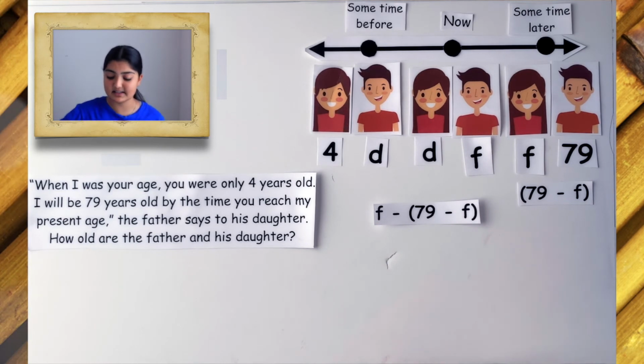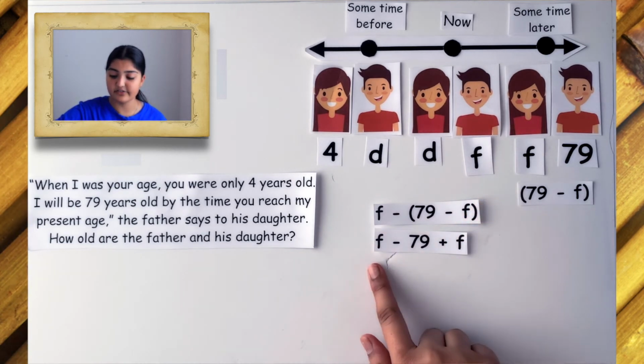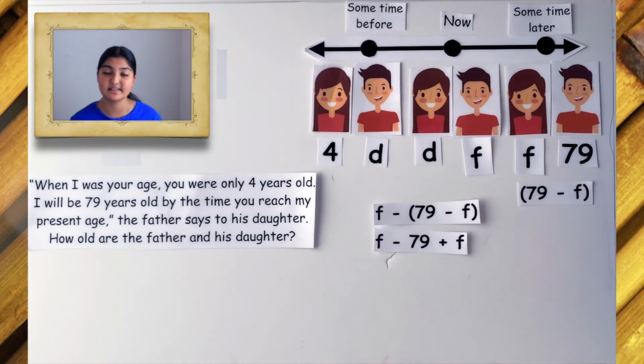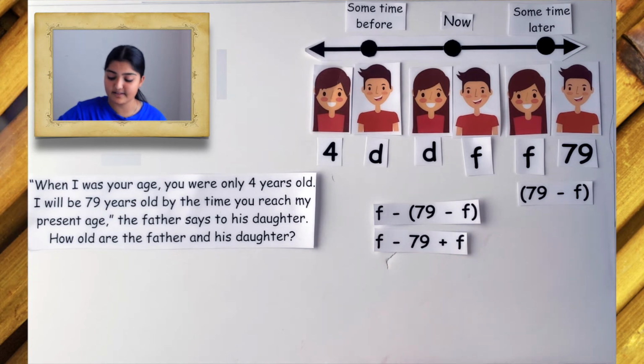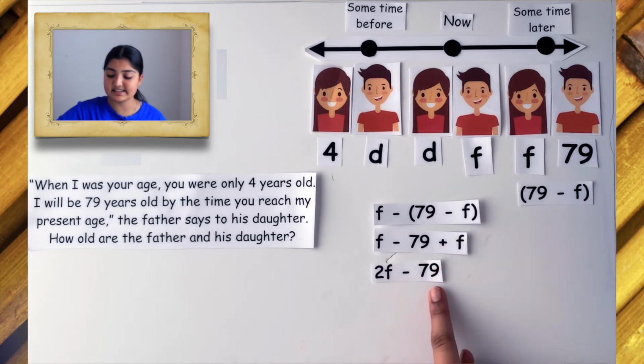This gives us the expression f minus 79 plus f. Now we can combine like terms. F plus f is 2f minus 79.